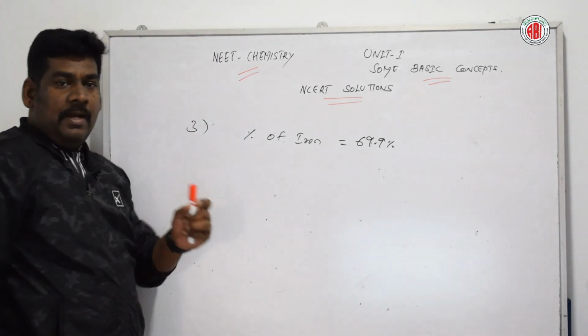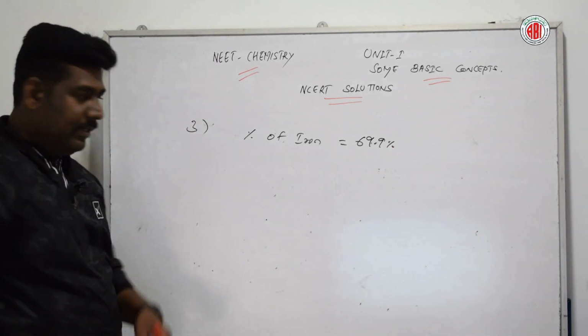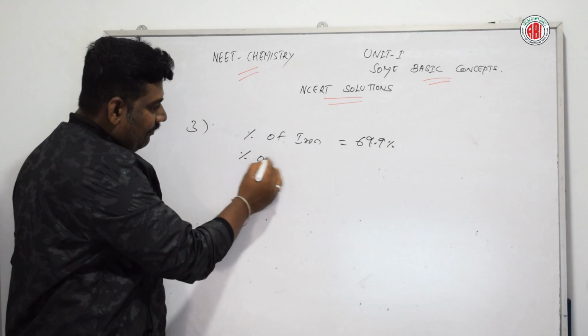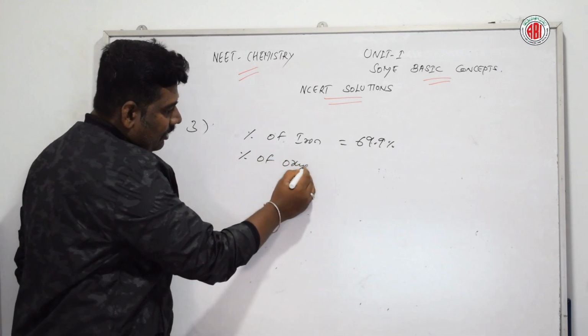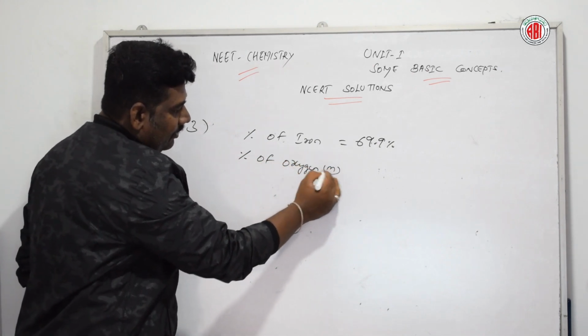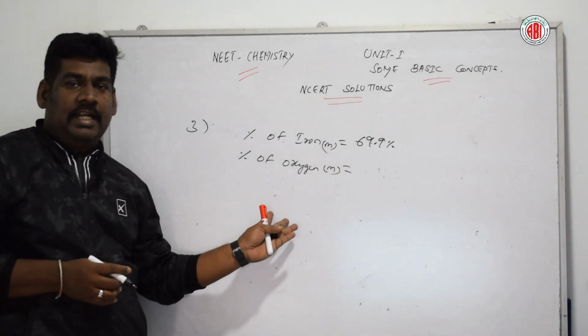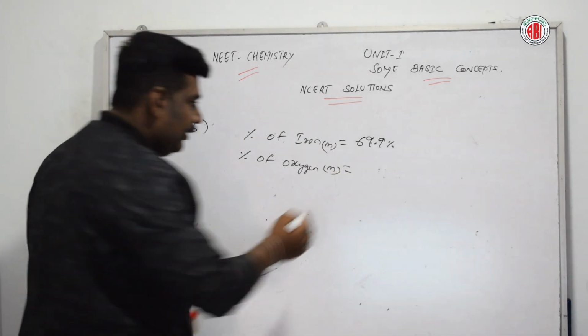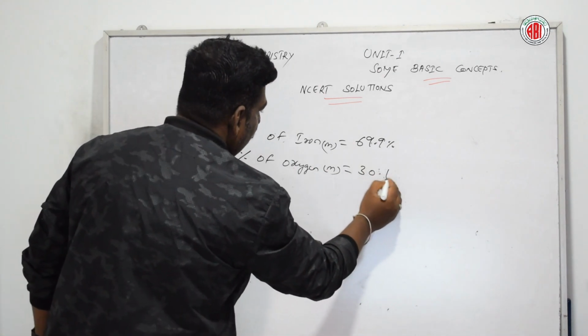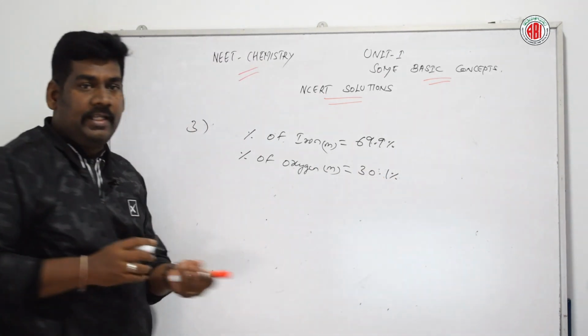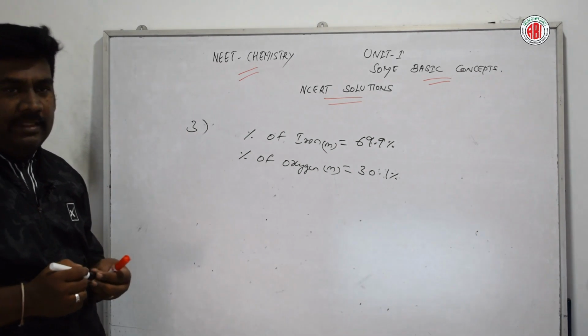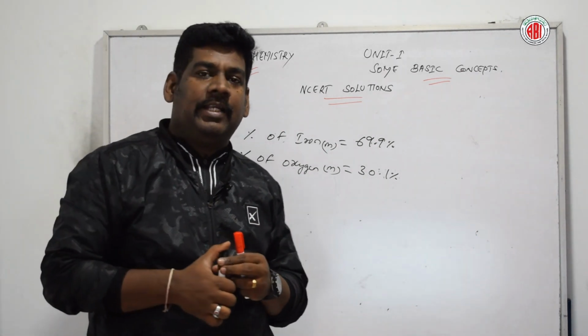Next, the percentage of oxygen by mass, yes, that is given as 30.1% in the question. Okay, now let us find the empirical formula.